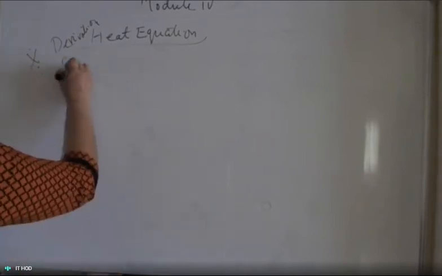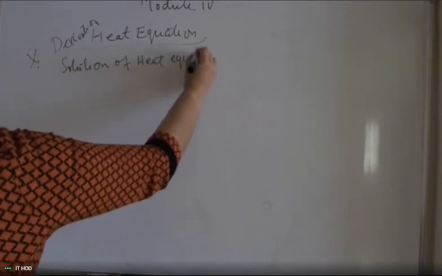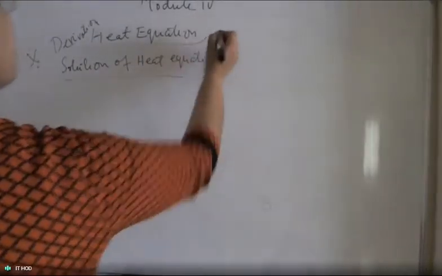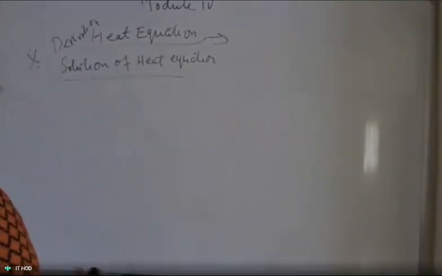Now the solution of heat equation. Solution of heat equation is also the same. So the derivation you have to learn by heart, and you have to remember what is heat equation. What is the formula for that?